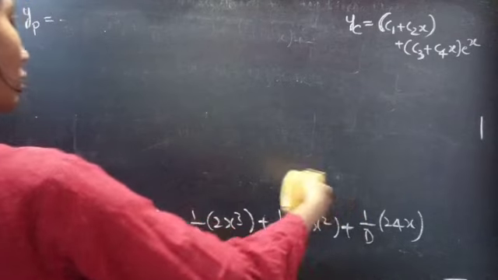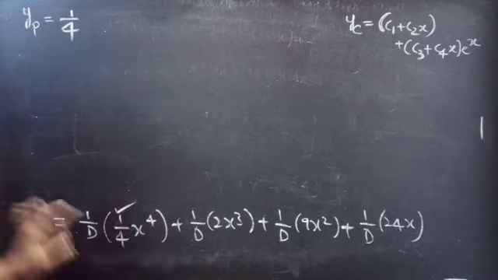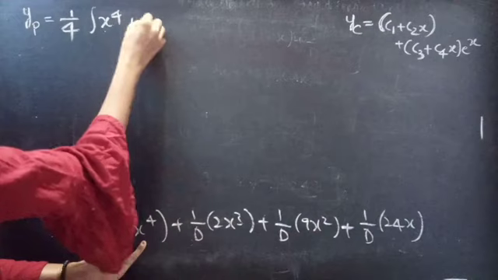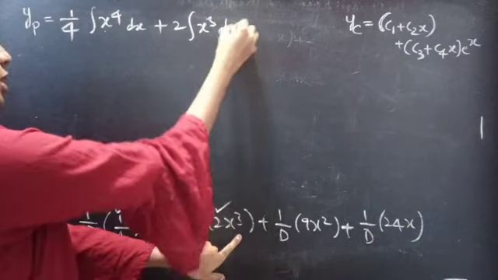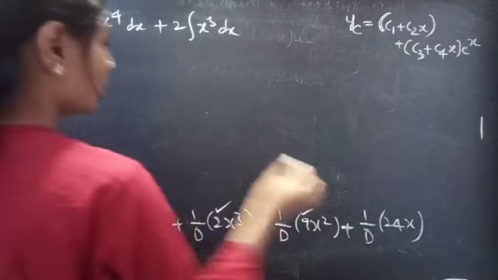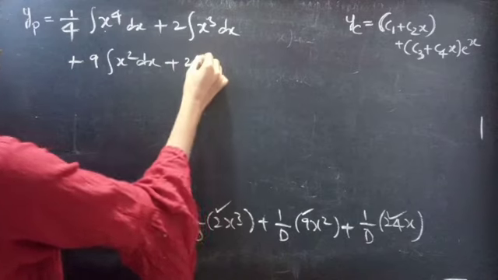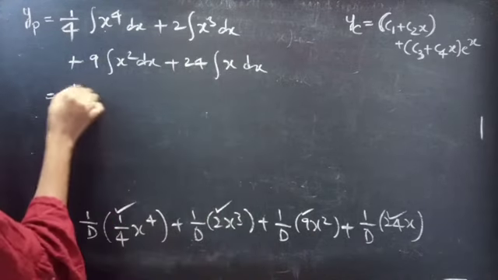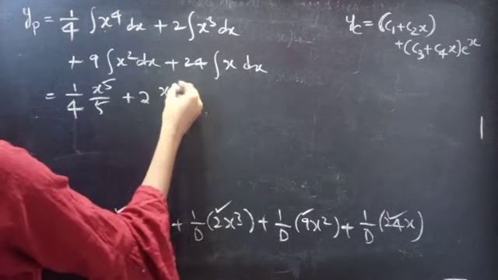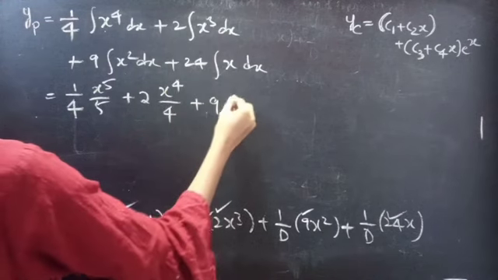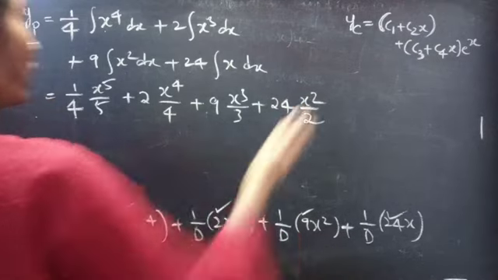We'll write the constants outside the integral and write this as constant 1 by 4 into integral x power 4 dx plus constant 2 into integral x cube dx plus constant 9 into integral x square dx plus constant 24 into integral x dx, which is equal to 1 by 4 into integral x power 4 dx is x power 5 by 5, plus 2 into integral x cube dx is x power 4 by 4, plus 9 into integral x square dx is x cube by 3, plus 24 into integral x dx is x square by 2, right?